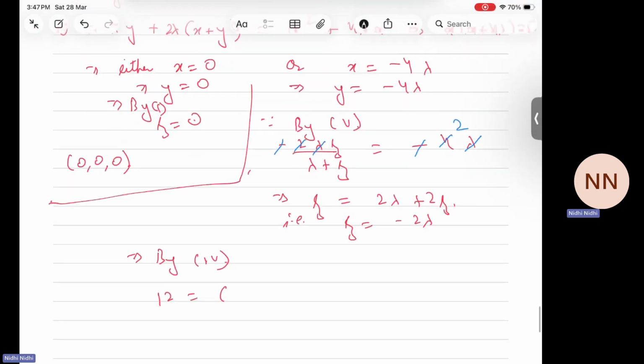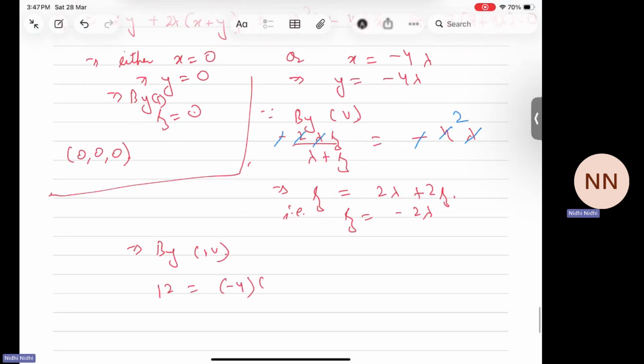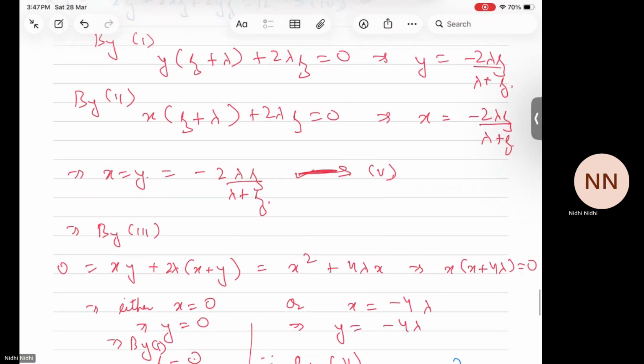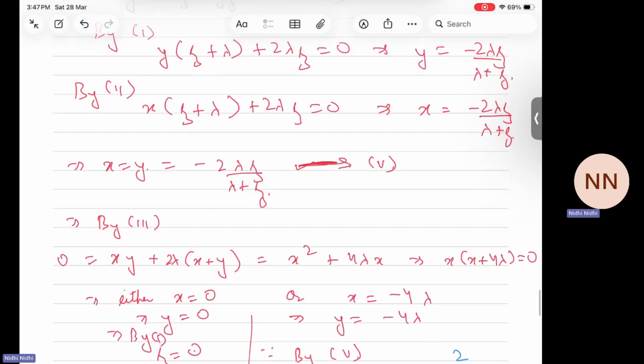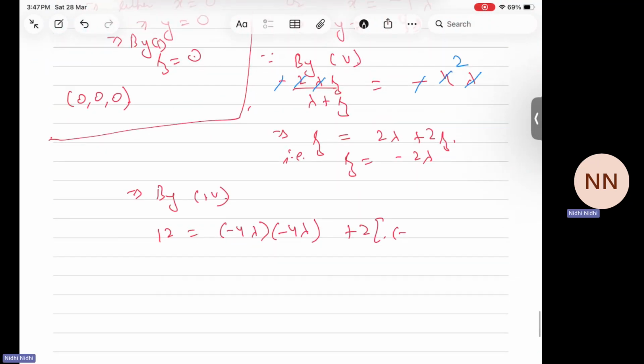Xy means minus 4 lambda times minus 4 lambda, plus 2 times xz, where x is minus 4 lambda and z is minus 2 lambda, plus yz, which is minus 4 lambda times minus 2 lambda.